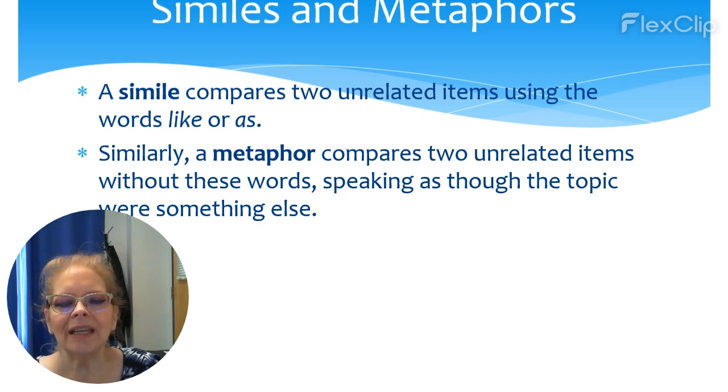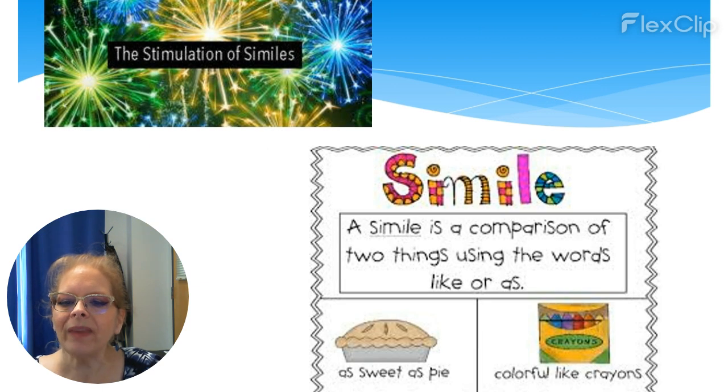And usually it's either the tone of how it's said or other items around it to take it out of context. So here's some simile examples. As sweet as pie. If somebody said I was the sweetest pie, it does not mean that they could take a bite out of my finger and taste pumpkin pie. It just means they're a nice person, right? Someone who is as colorful like crayons.